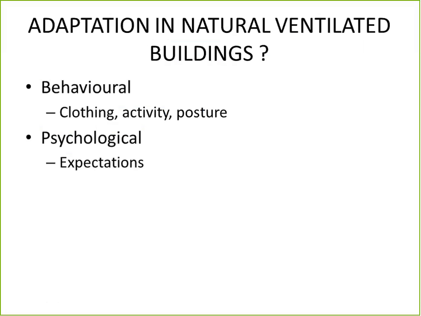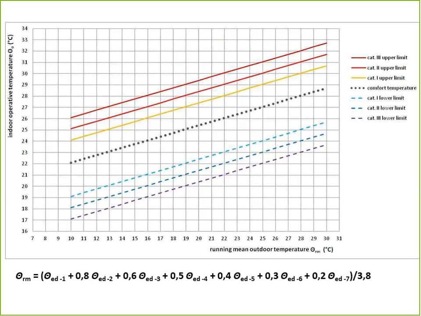Then there are studies that have shown that people's expectations, especially in naturally ventilated buildings where there's no active cooling, can change, and in many cases they can accept a little higher temperature. So for these types of buildings, in the standard we have specified when you can use this method. We have what we call the adaptive approach, based on the running mean outdoor temperature.